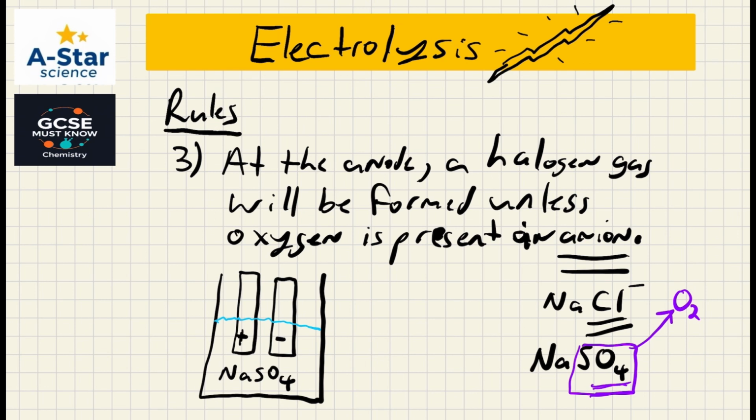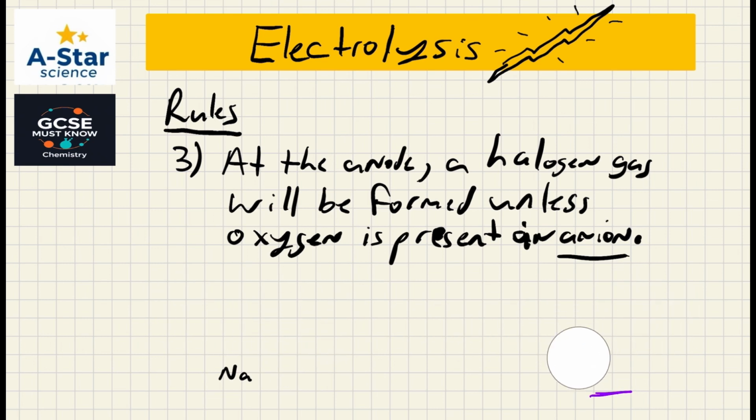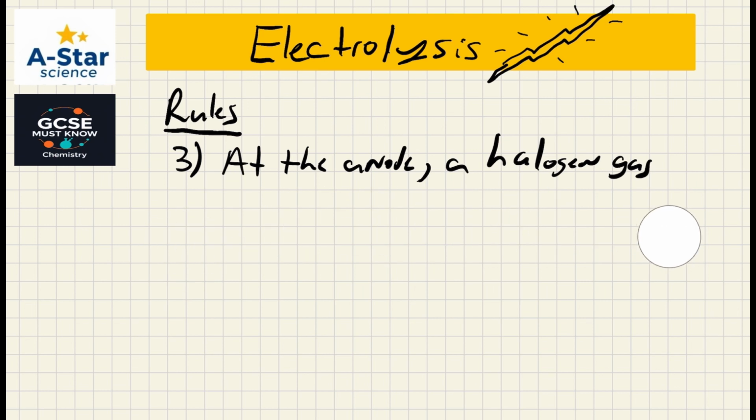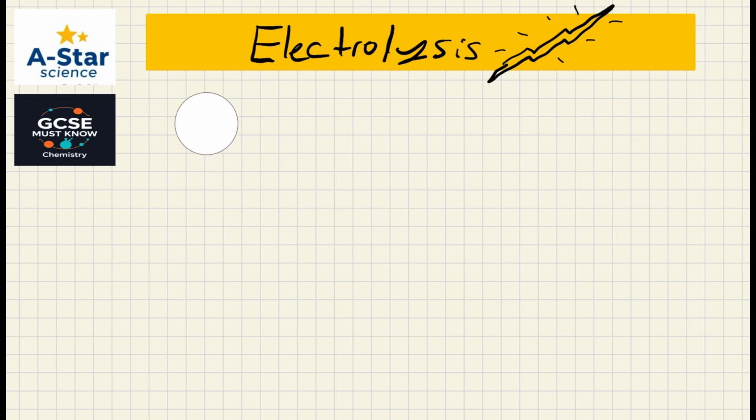That means that oxygen will form at the anode, and you'll see oxygen gas, O2, bubbling up. So with these three rules, we can then understand any electrolysis question that asks what products will form at the anode or cathode. It's quite simple.